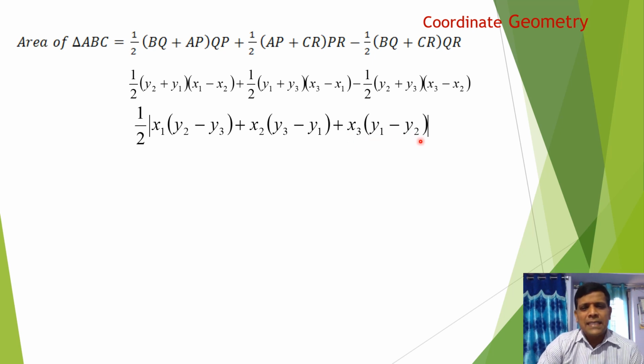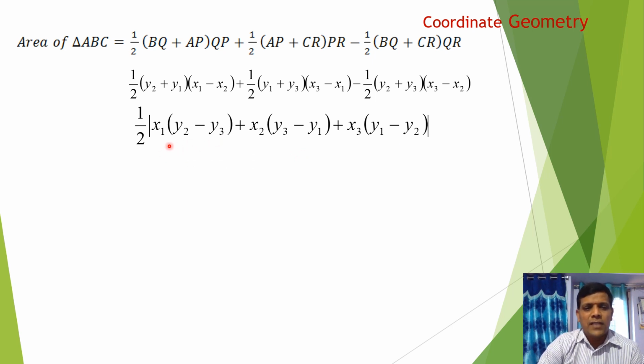Or there is a simple trick, right? First write half, after that write x into (y minus y) plus x into (y minus y) plus x into (y minus y). After that write the numbers: first 1, next 2, next 3.